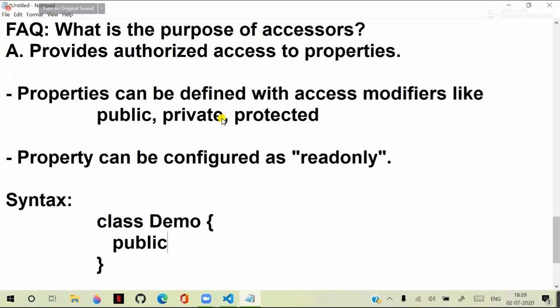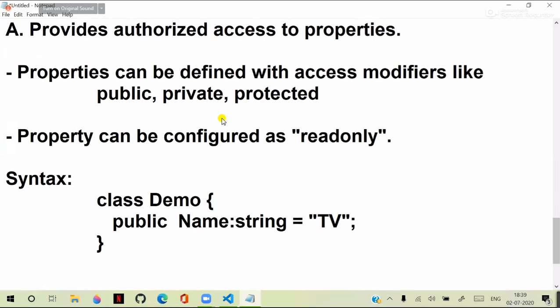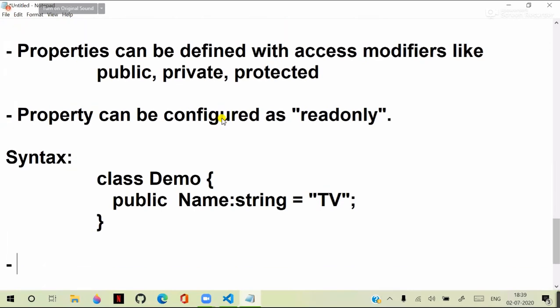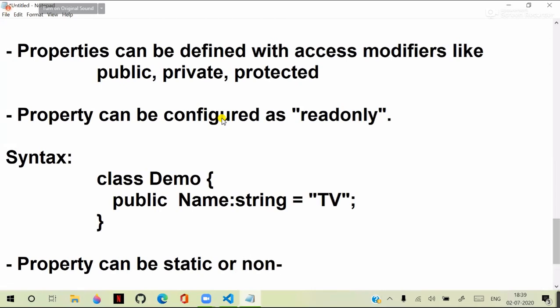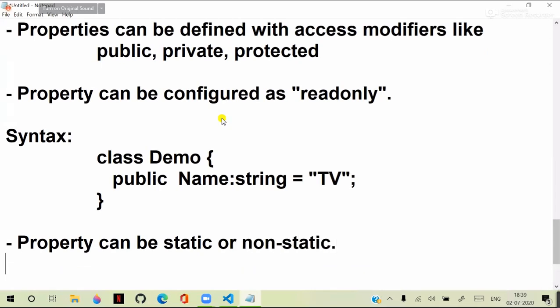So public and name and its type is equal to some value. How we can define the properties configured. What is the default? And one more important point is property can be static or non-static.